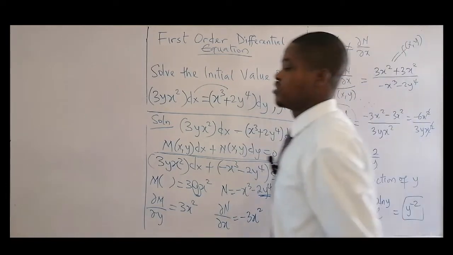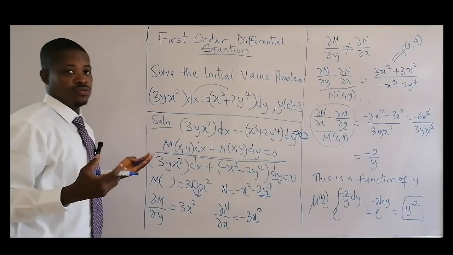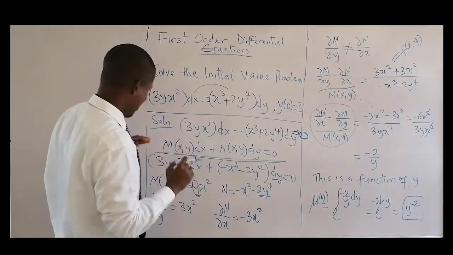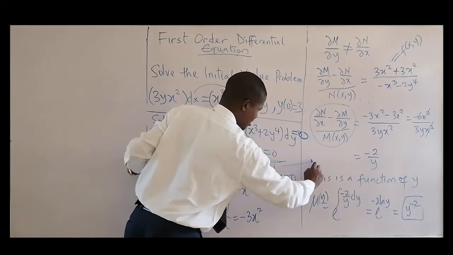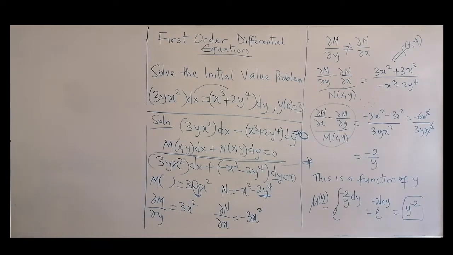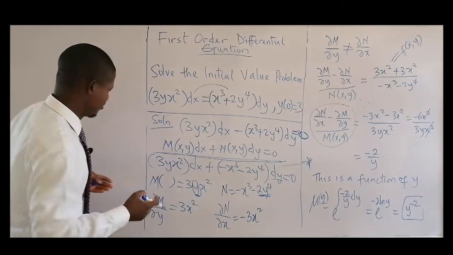Since you've gotten your integrating factor, once your equation is not exact, the next thing is to get your integrating factor. What are you going to use that for? Very simple: use the integrating factor to multiply the given problem, and automatically your equation will become exact. Let's just do that.